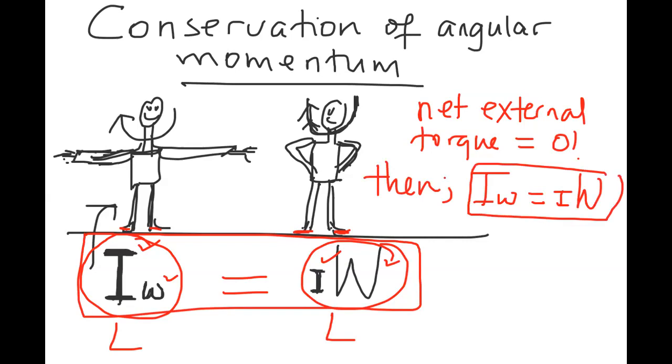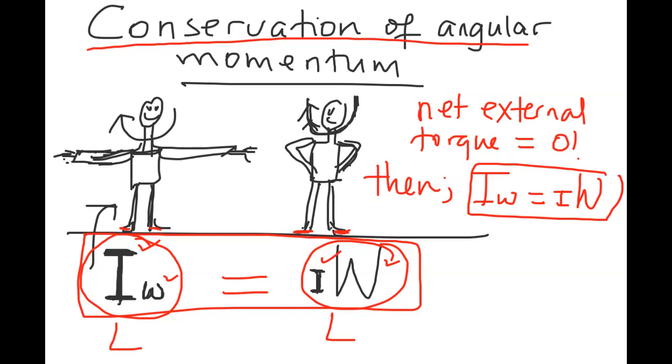And this condition is called the conservation of angular momentum. So the conservation of angular momentum says that if no net external torque acts on a rotating system, the angular momentum of that system remains constant. Okay, that's the statement of the conservation of angular momentum.